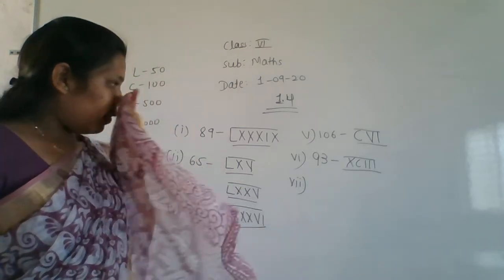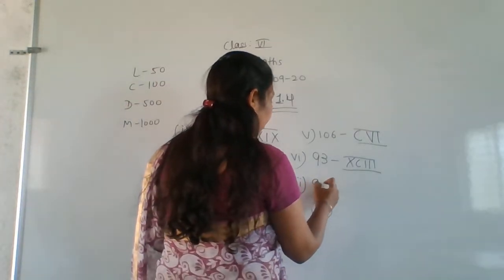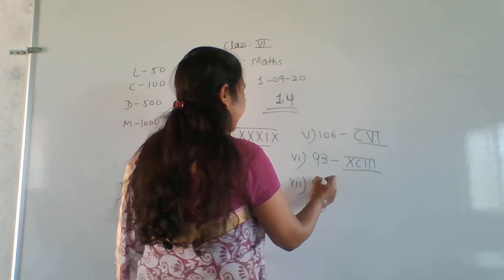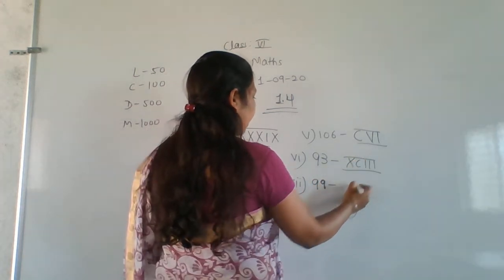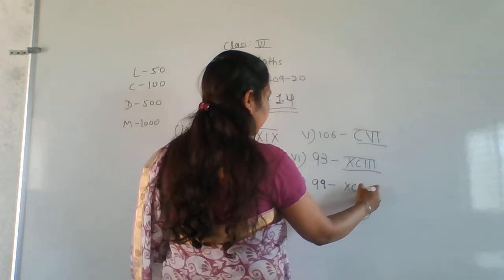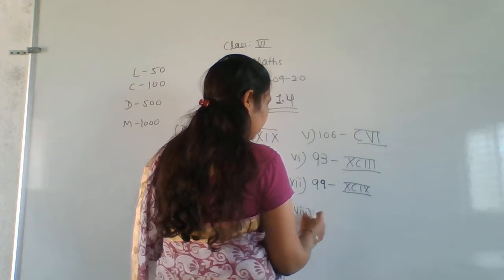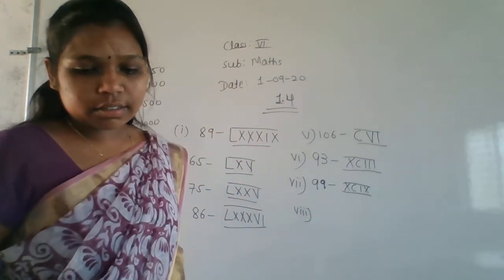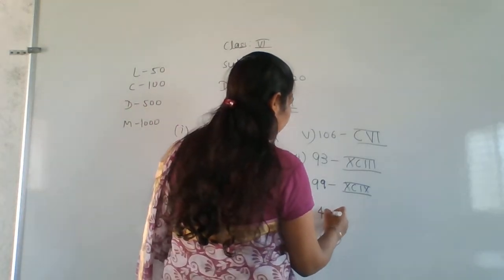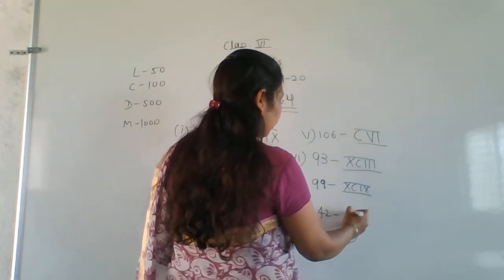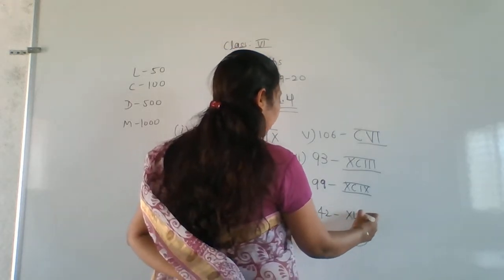Okay, so next we go for the seventh one, that is 99. 99 means what? XC 9. 99. Next, 42. 42 means here 40 is XL and 2.